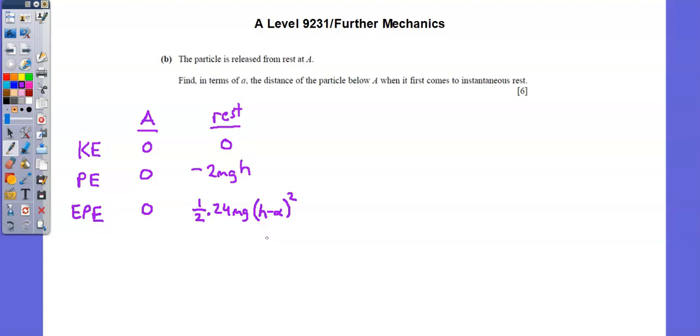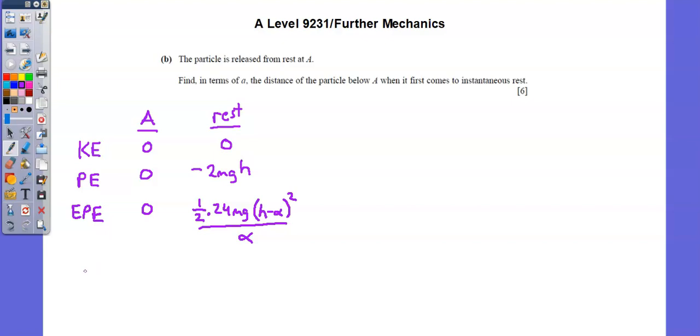H is as far down as we go. Part of that is the natural length, alpha, and beyond that is the extension. So h minus alpha is the extension, and divide by the natural length of alpha. I'll equate the sums of the energies at A and the energies at rest.